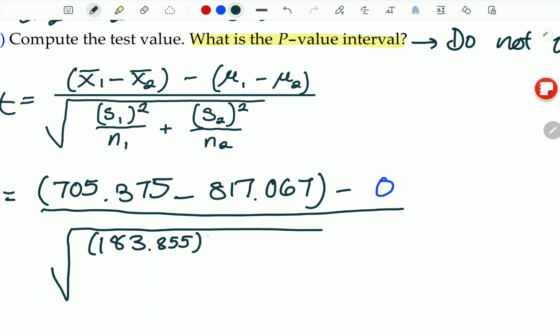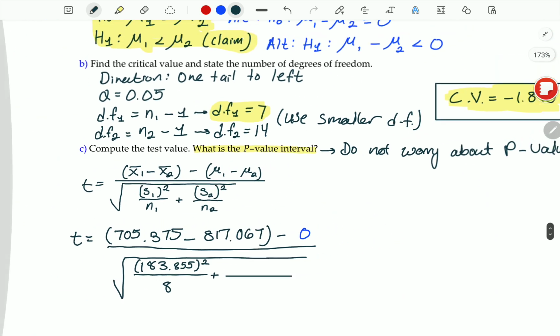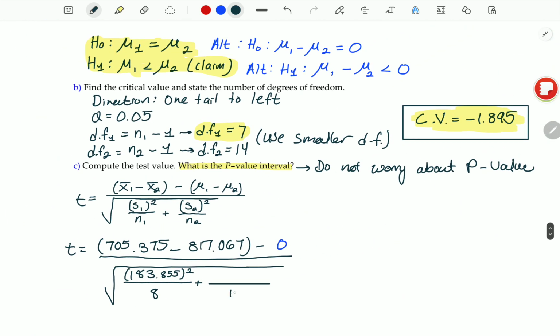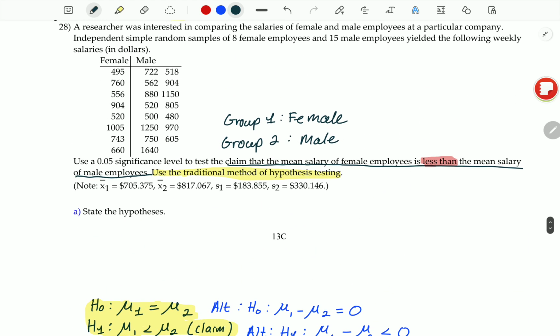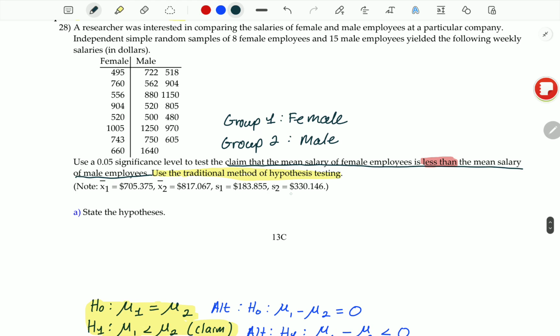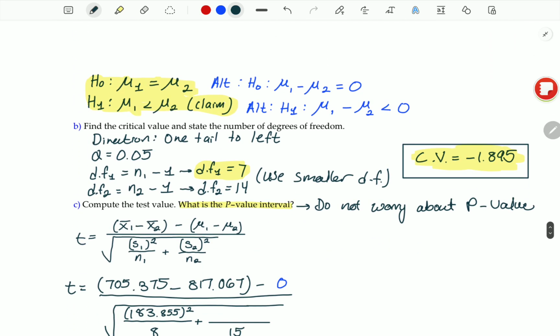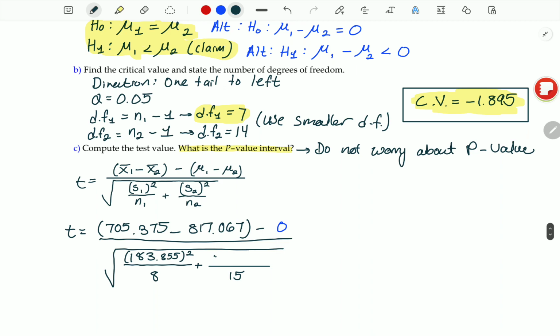That is squared, and that's going to be divided by sample size 1, which is 8 females, plus we have a total of 15 males. And the sample standard deviation for males is 330.146, and that's going to be squared.